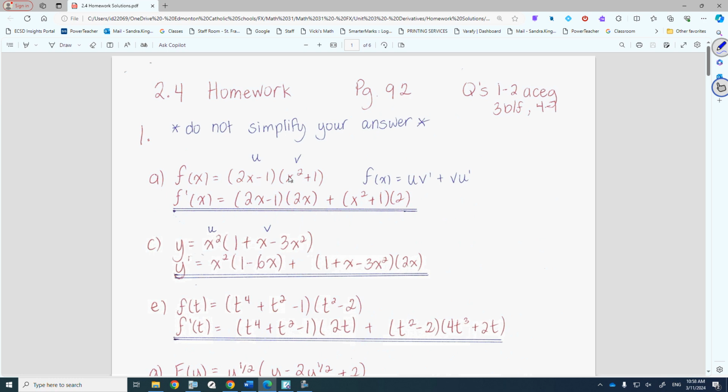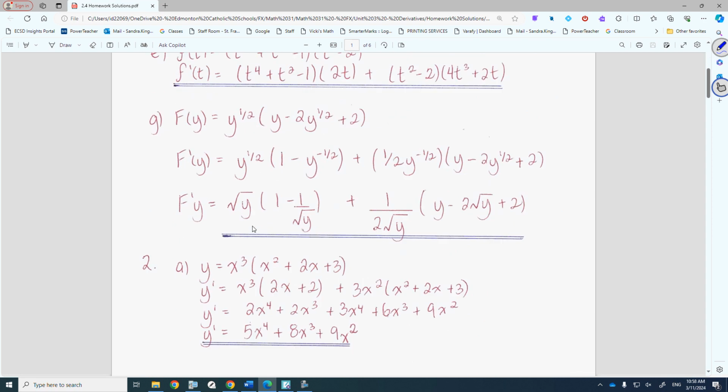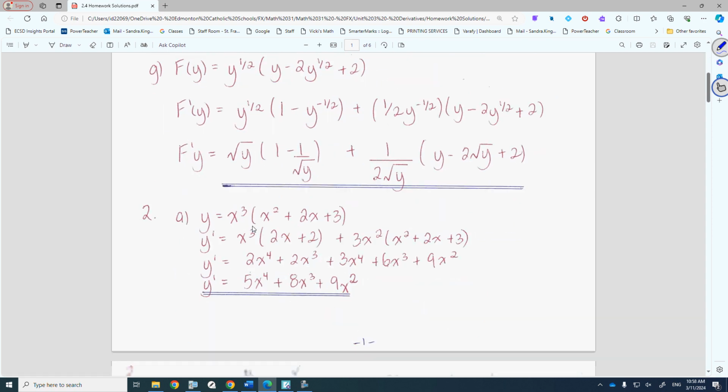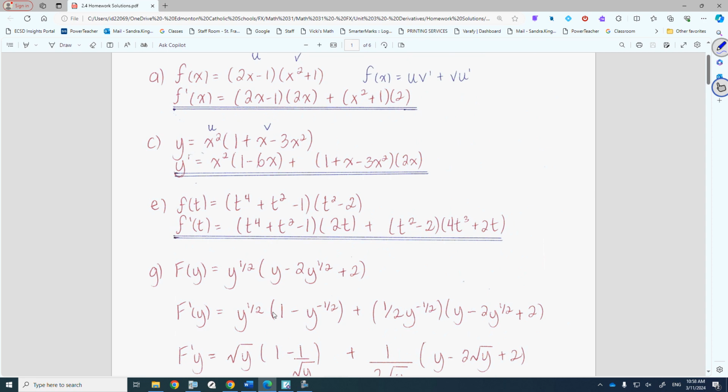So it just wants you to do your uv prime plus vu prime and then no simplifying for question number 1. Okay, so it wants you to practice again using product law. Once we get to question number 2, you are going to simplify. But take 5-7 minutes to do question 1, no simplifying.